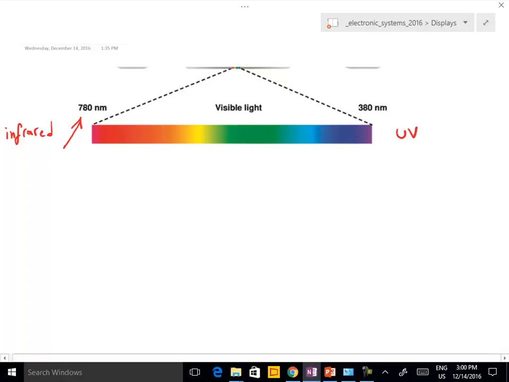Now I must just mention a few relationships that you probably already know between the wavelength, the frequency, and the energy of the light.